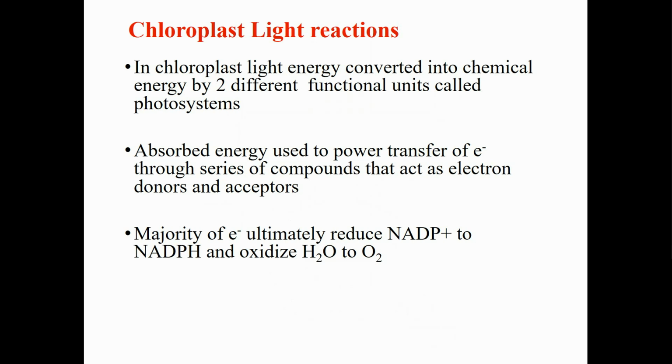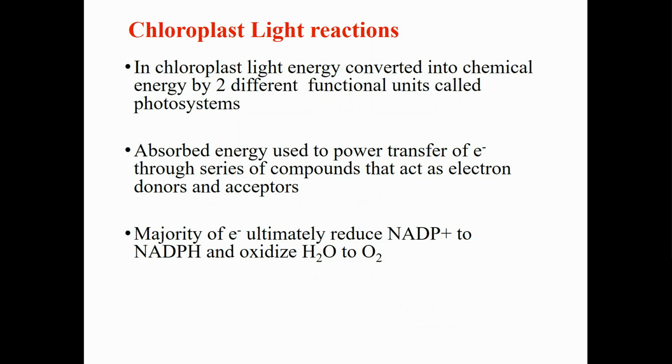So we've got 2 functional unit sites called photosystems. And their job is to take that energy. At photosystem 2 is where the photolysis happens, where it takes those 2 electrons from oxygen and it splits that covalent bond and it leaves 2 positive hydrogen ions and it releases the oxygen. So photosystem 2 has those 2 electrons.